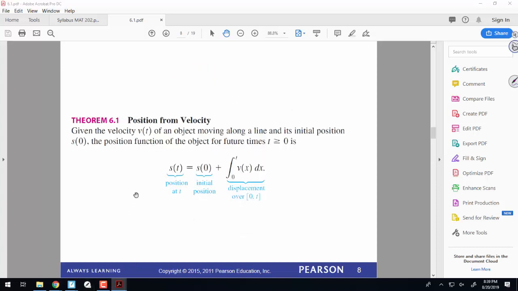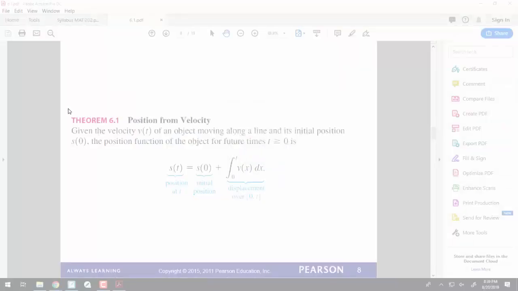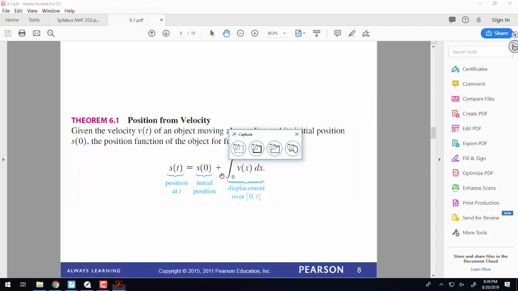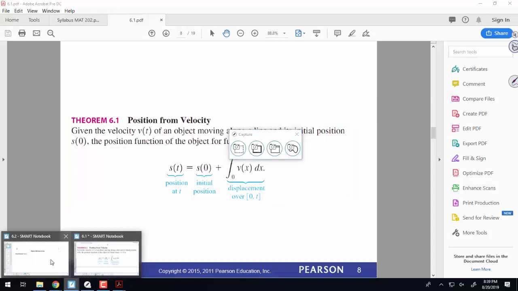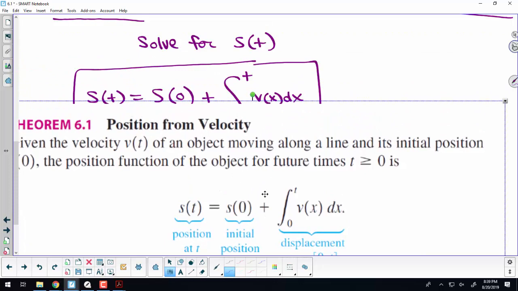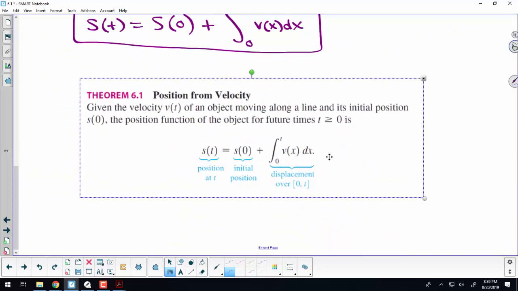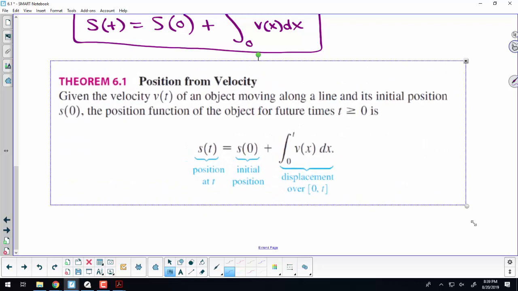Which is this here, position from velocity. And then again, this is using the fundamental theorem method. It's just a little bit more of a formal statement. Kind of just putting it all together, really.